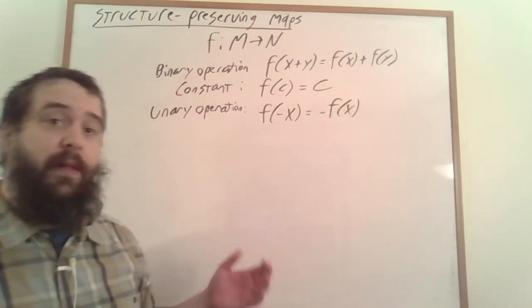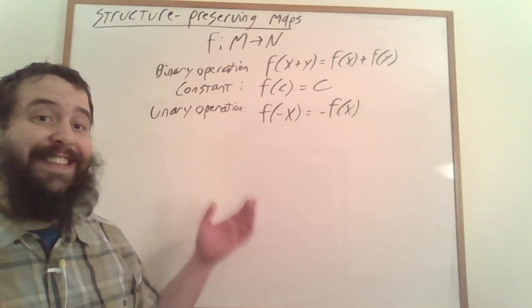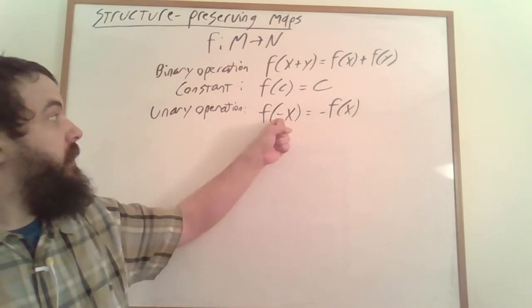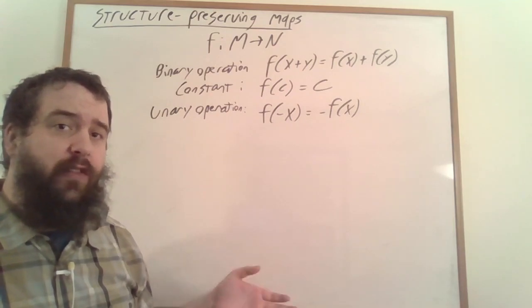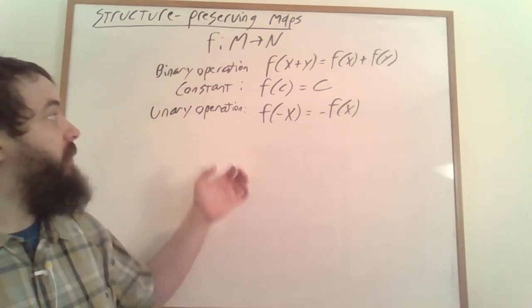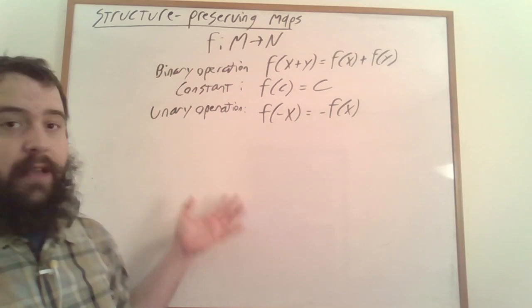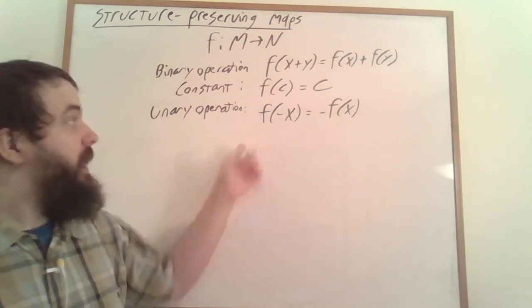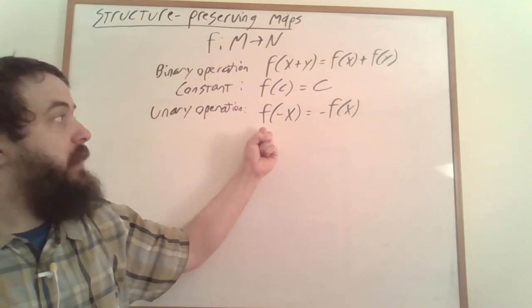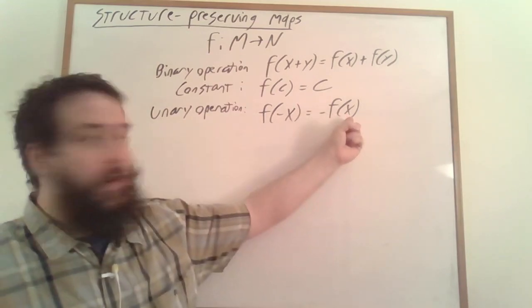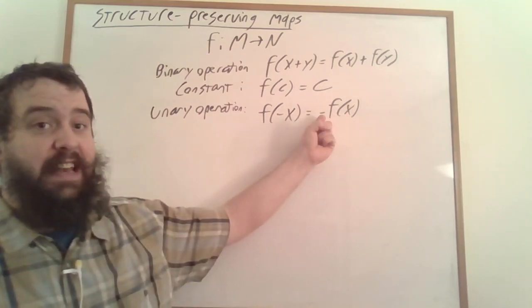Another example of a unary operation is negation. And here, M and N might have slightly different notions of negation, and we say that this function respects that notion of negation if, when we negate in M and then apply our function, that's the same as applying our function first and then negating in N.